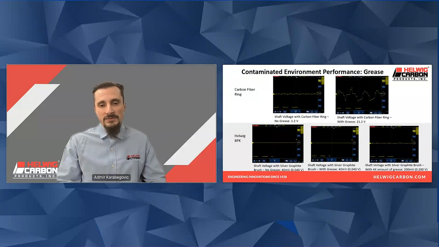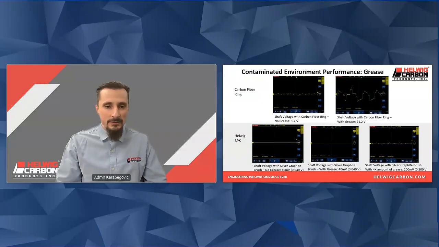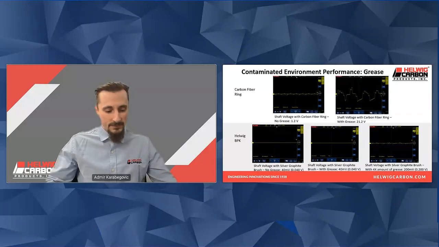We ran this test for quite some time and didn't see an increase in the shaft voltages with our kit. So we applied about 4 times the amount of grease more than what you would typically see in almost any application, and we were able to increase the voltage on the shaft to 200 millivolts, still within the safe zone.